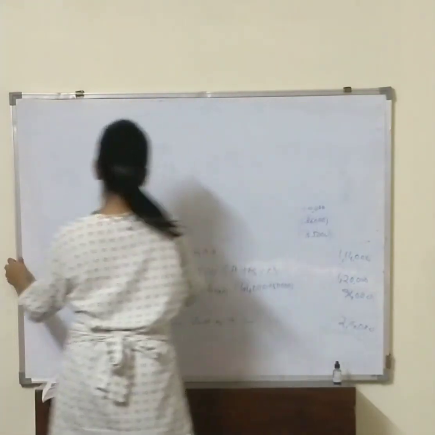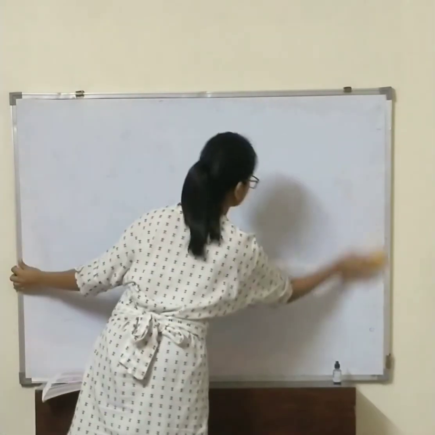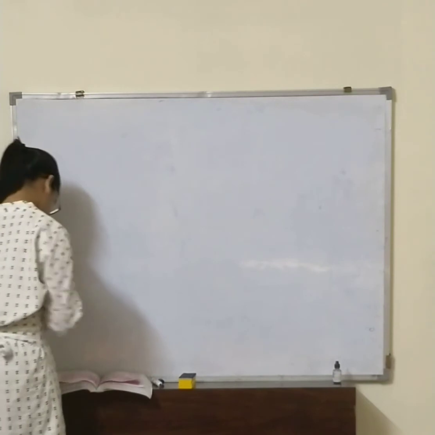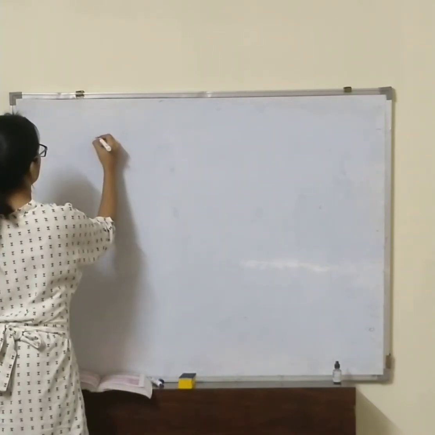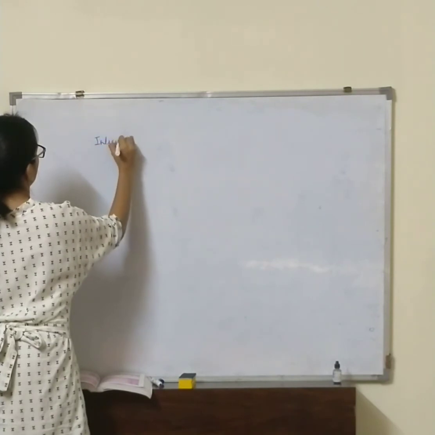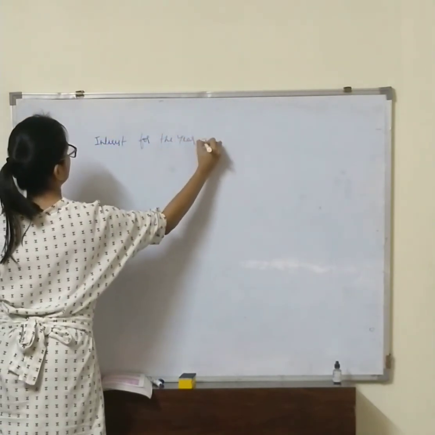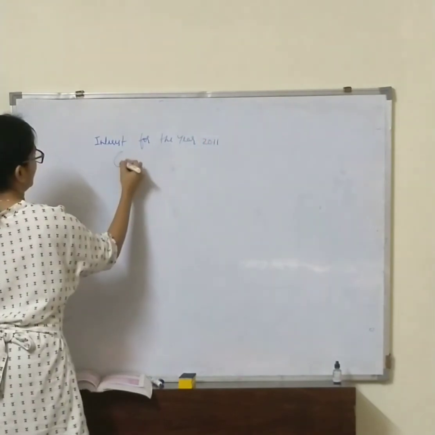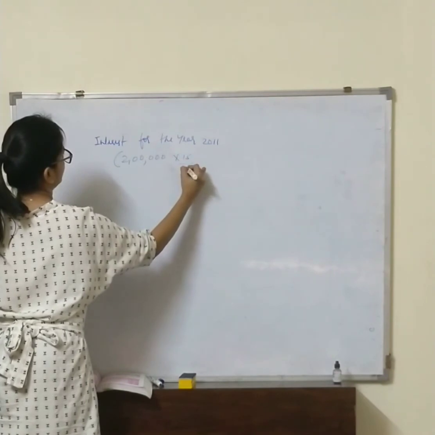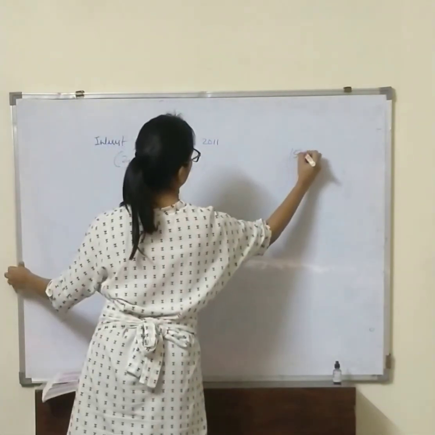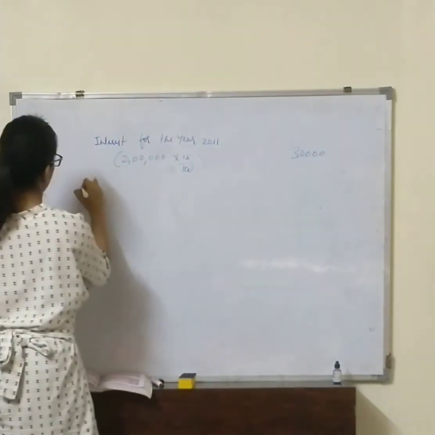Next line, take down a working note. Calculation of interest on debentures. Under that, interest for the year 2011, in bracket you will write 2 lakh into 15%. How much is it? 30,000.